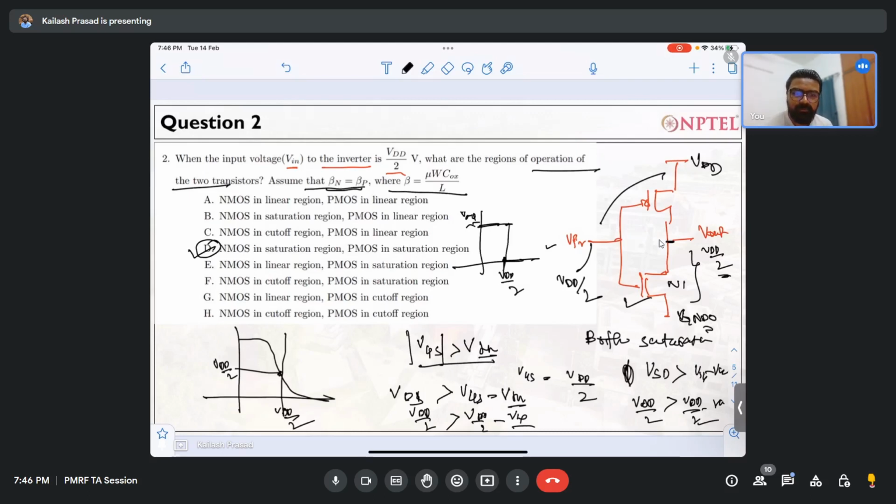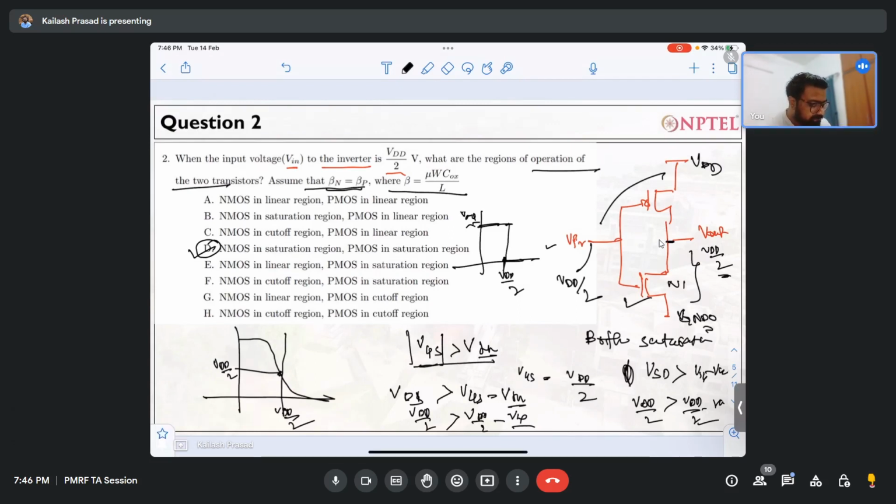Is that clear for everybody? Sir, so we have assumed only that VTH is less than VGS. Only assuming, we do not have an idea about the VTH value here, no?